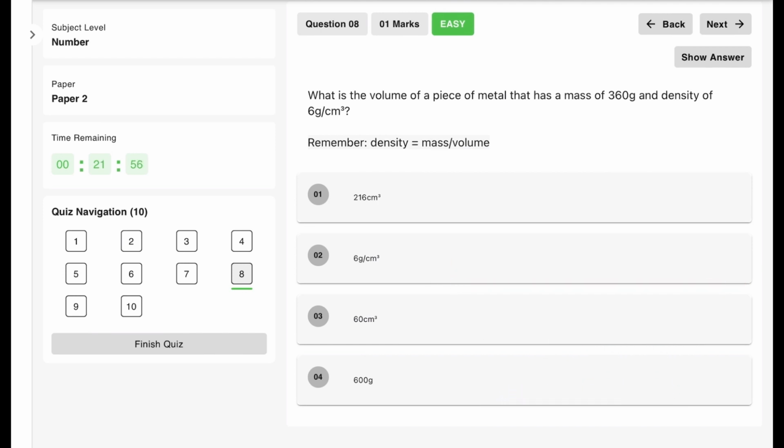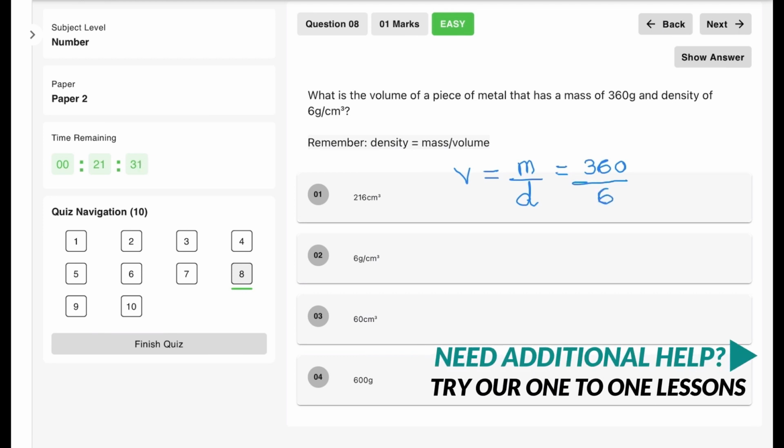Density is equal to mass divided by volume, which means if I want to work out volume, that is equal to mass divided by density. That's how this formula is going to rearrange. So I need to do 360 grams divided by 6.